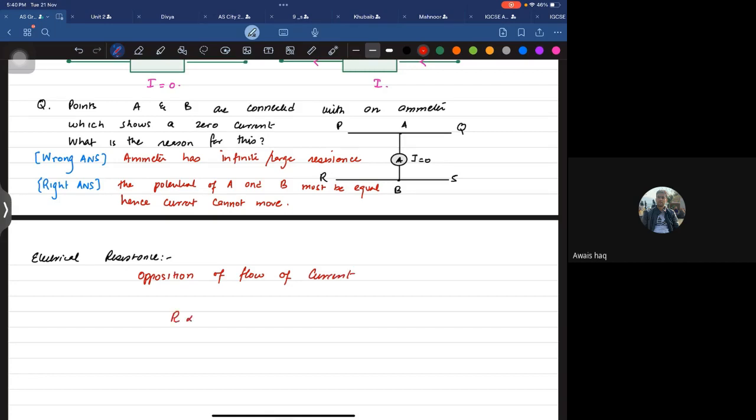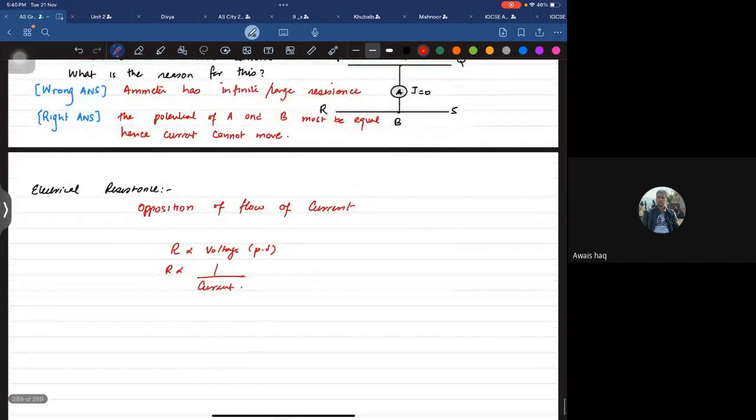Resistance is directly proportional to voltage, meaning potential difference, and inversely proportional to current in any circuit. That is the reason we follow R equals V upon I. But you need to be very careful because this equation is only true for ohmic conductors. We're going to learn what ohmic conductors are later.